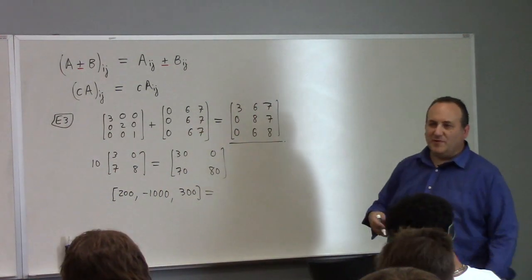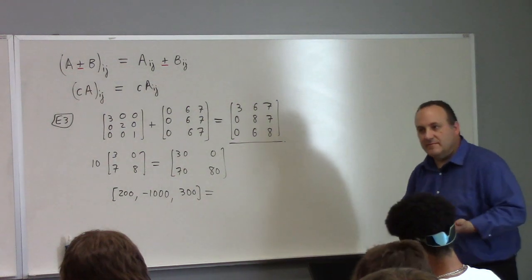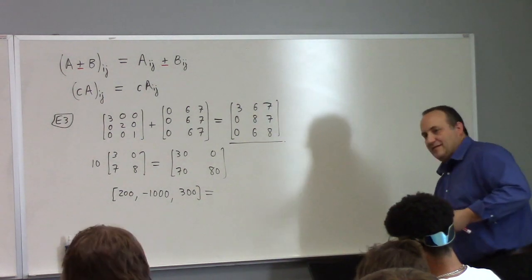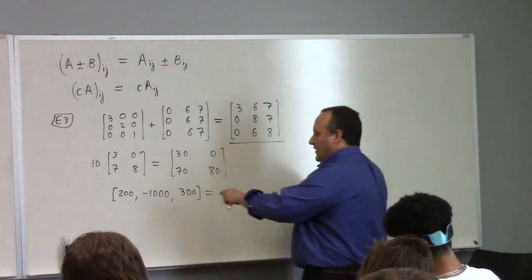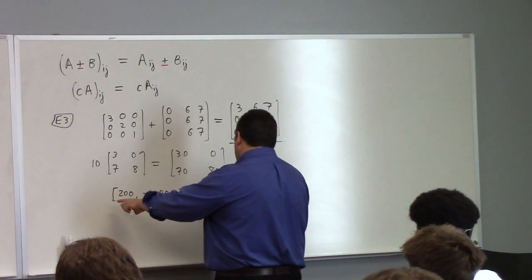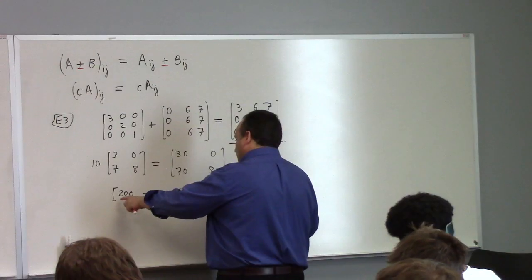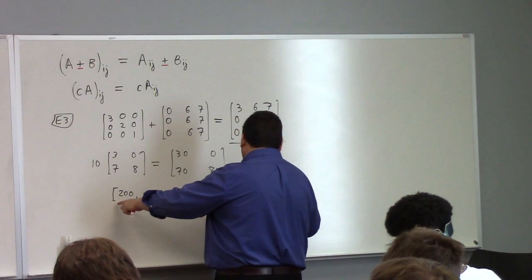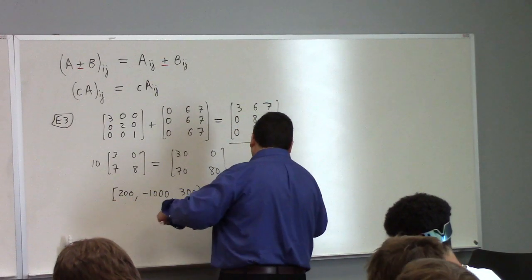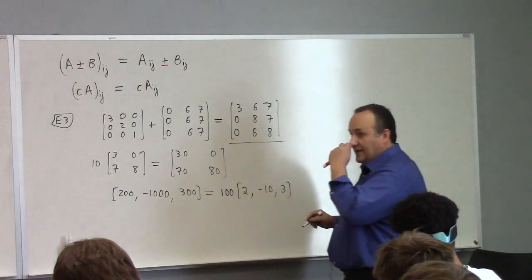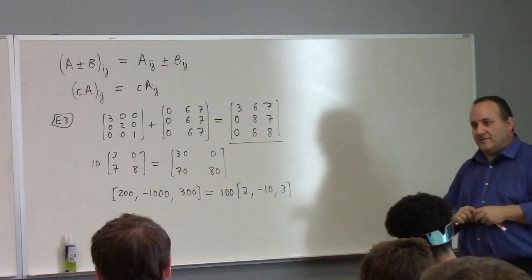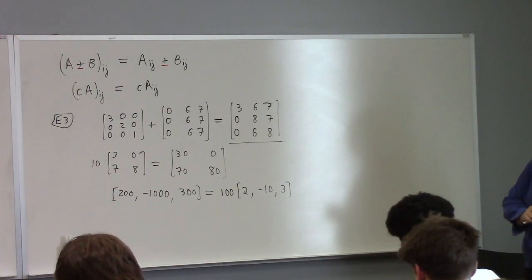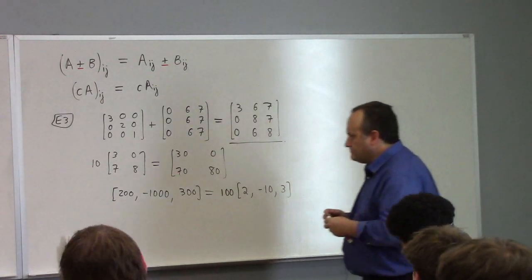We tend to use scalar multiplication in reverse more, as it actually happens. It's really more interesting to do something like, oh, I can factor out 100. Then this is 100 times 2, minus 10, 3. It might be nicer to work with 2, minus 10, 3 for the purpose of some question as opposed to 200, minus 1,000, 300. All right.